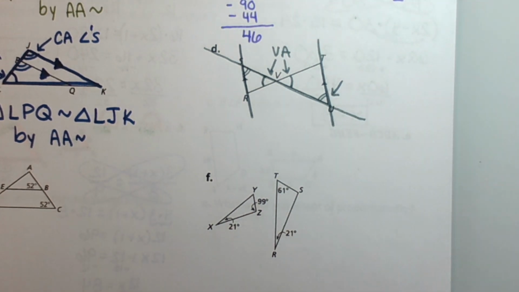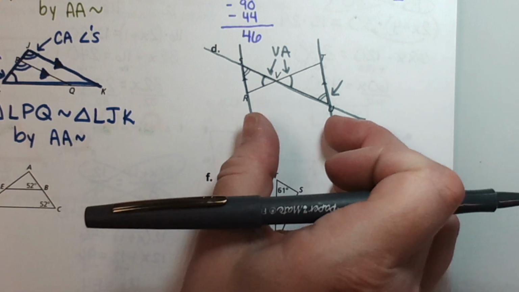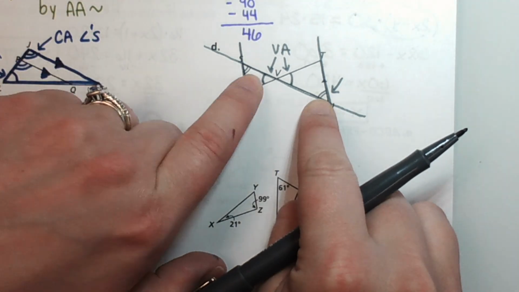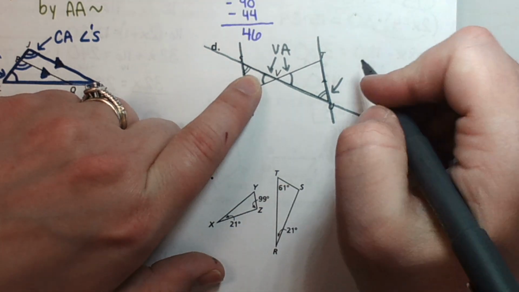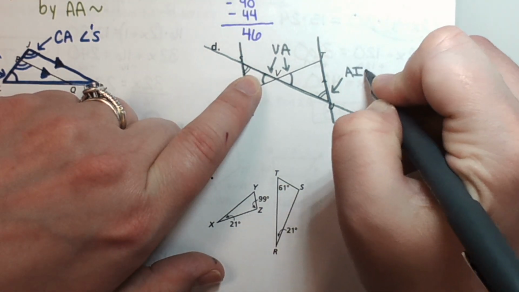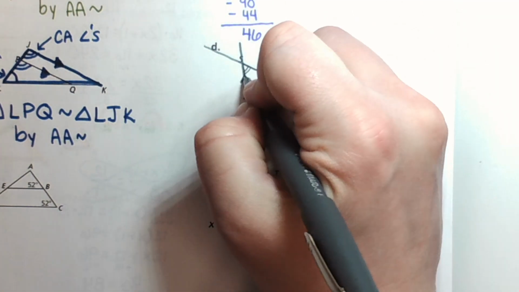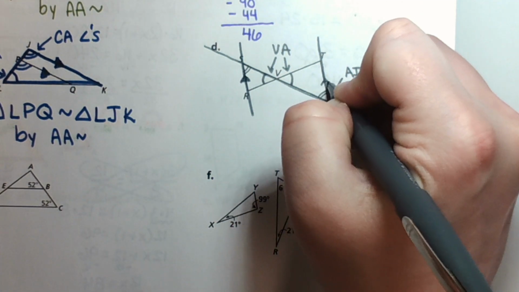Can you tell what kind of angle pairing that is? Between the parallels. One's above the transversal, one's below. AIA. That being said, I'm not actually testing that you could tell me they were AIA. If these lines are parallel, though, which they are, you'll have alternate interior angles.